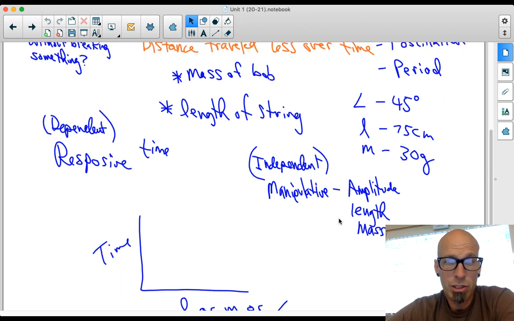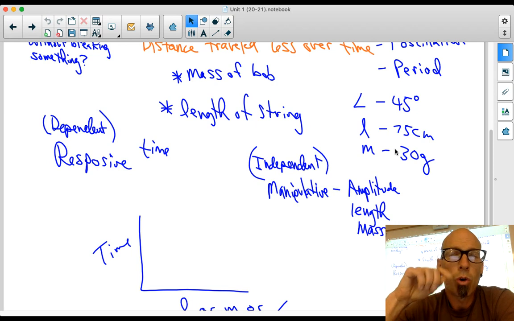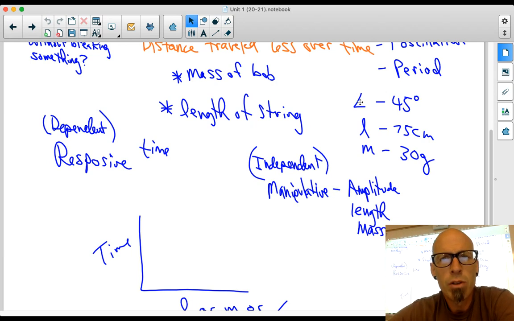Something else that was suggested is that maybe we should have standard values for angle, length, and mass for when you're not changing the variables. So let's say, for instance, if you're changing the angle, then you should maybe have your length set at 75 centimeters and your mass set at 30 grams.